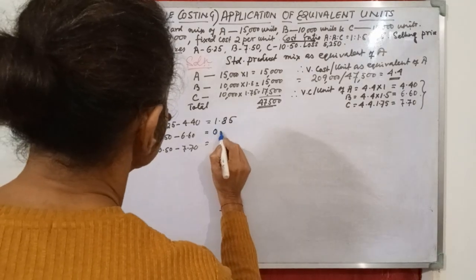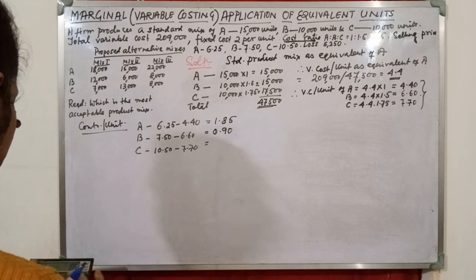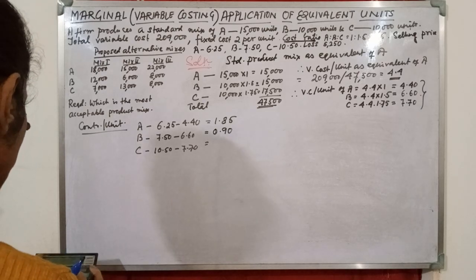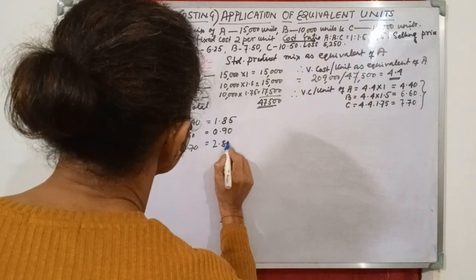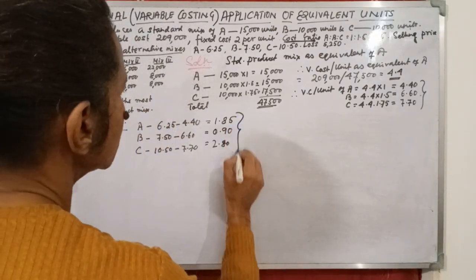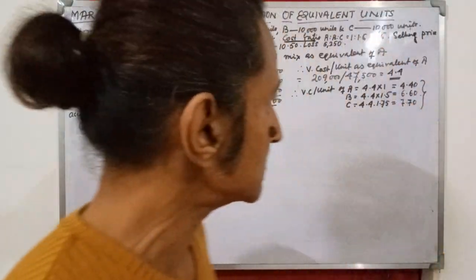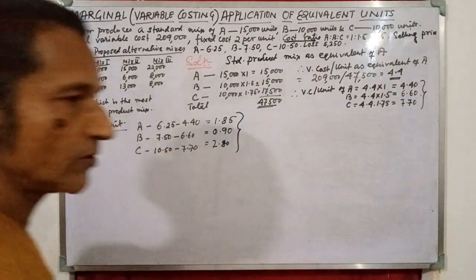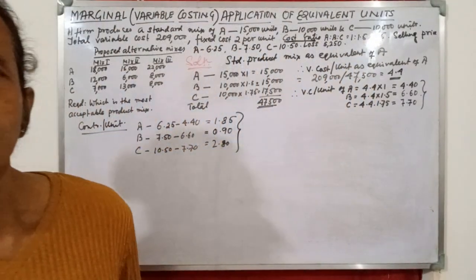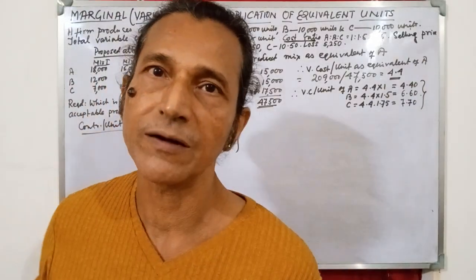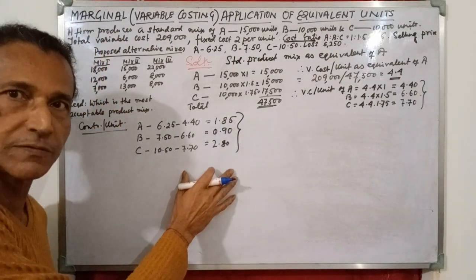Here it is 0.90, and here 10.5 minus 7.7, so we get 2.8. So these are the contributions per unit of A, B and C. So here we can make the comparative profitability of different product mixes, as we have found out contribution per unit.